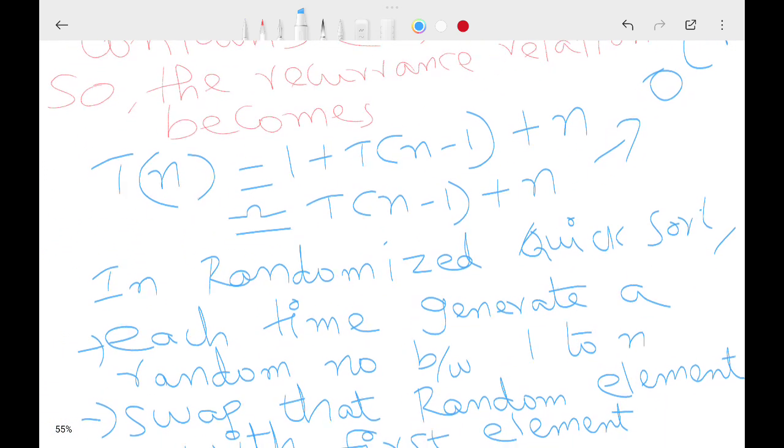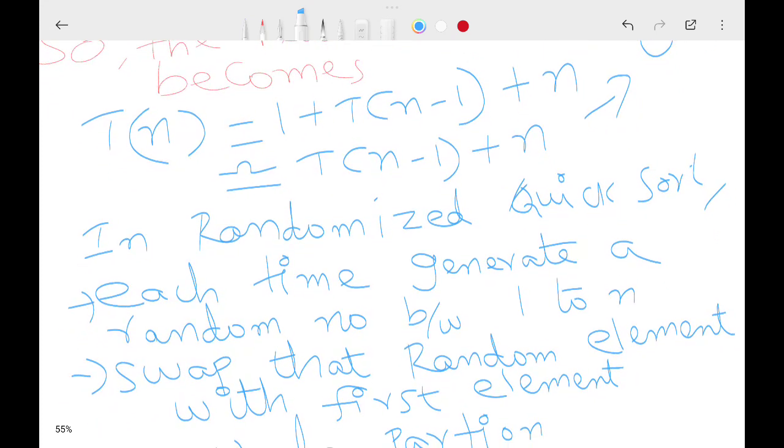In the randomized quick sort video, I already told you that randomized algorithms are used to escape from the worst case scenario or worst case time complexity of existing approaches. In that video I already gave the example of a randomized algorithm, which is randomized quick sort.